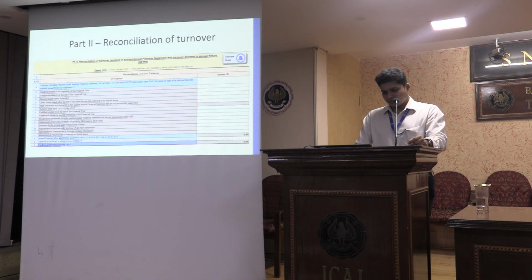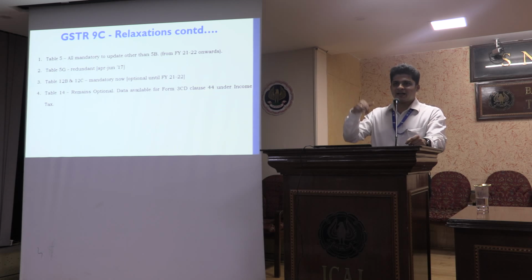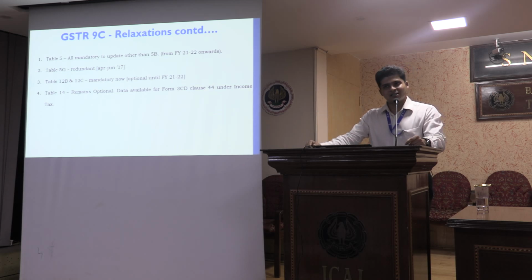So, what are the changes in this form? There are no changes as such in this format. Table 12B and 12C were mandatory earlier, and remain mandatory. This is with respect to ITC disclosure, ITC of past year claimed in this year and ITC of this year which is claimed in the next year, that is 12B and 12C.